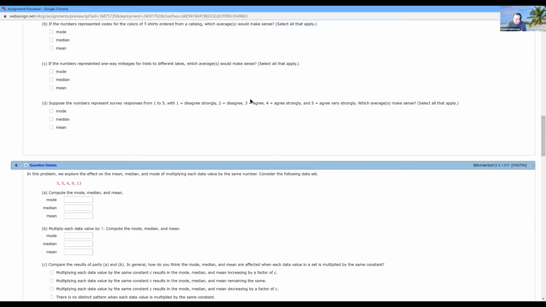Would you use mode, median, or mean? You'd use the mode.